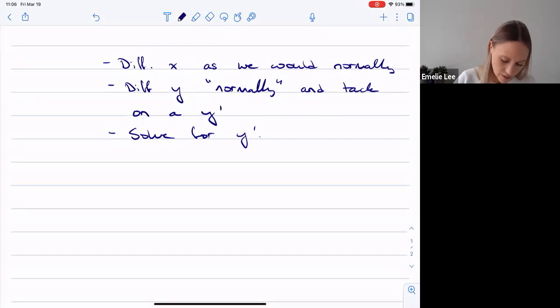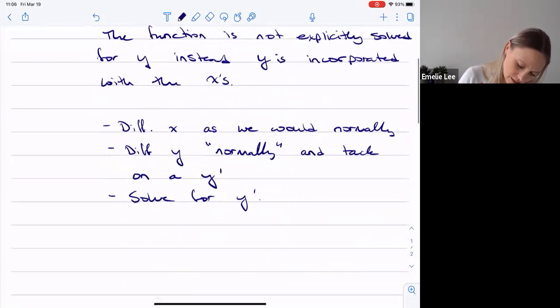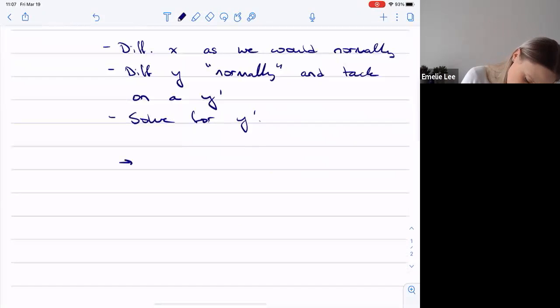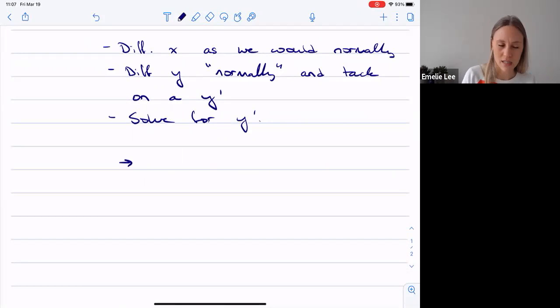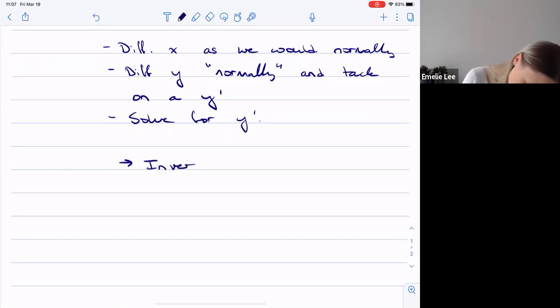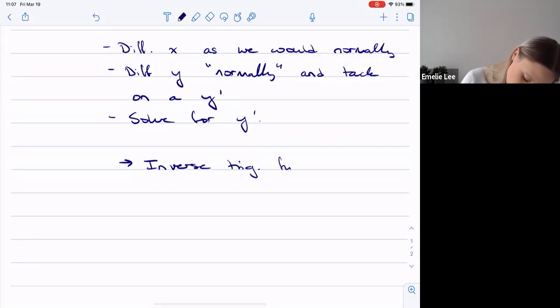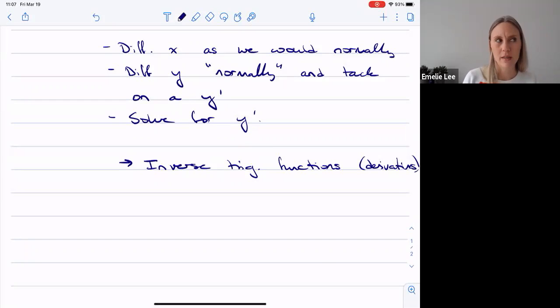We also talked about how we used implicit differentiation to find the derivatives of the inverse trig functions. We did the proof of, I think, arcsine, and then the other proofs are similar.